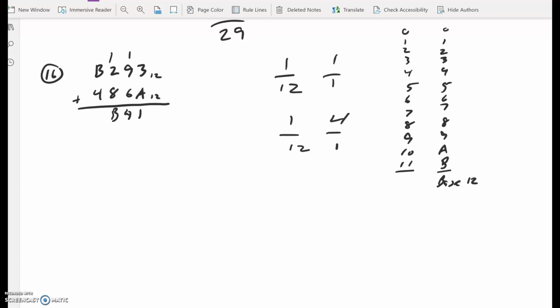But a 15 would be one of these and three of these, and so we have this result. You should check these by converting each of these to base 10 and then see that this base 10 number plus this one adds up to this one. I'm going to let you do the check on your own.